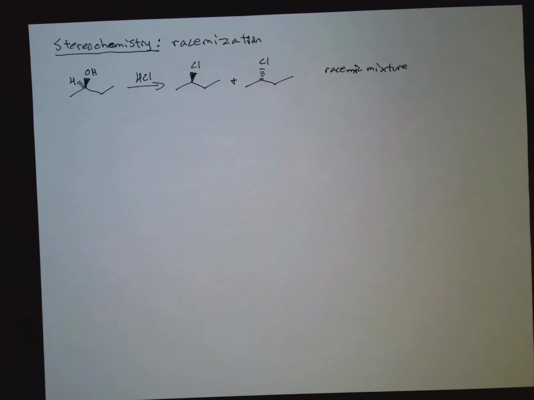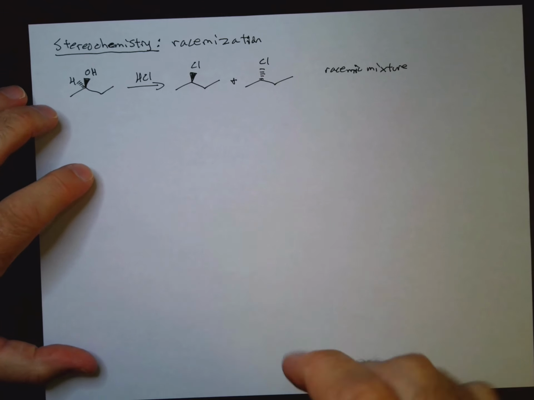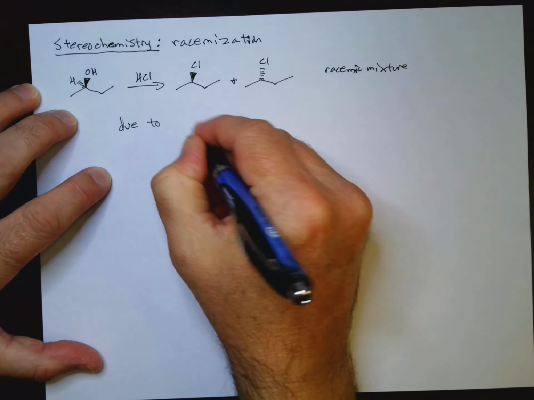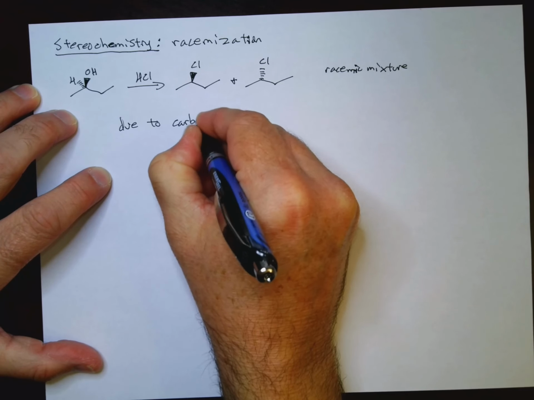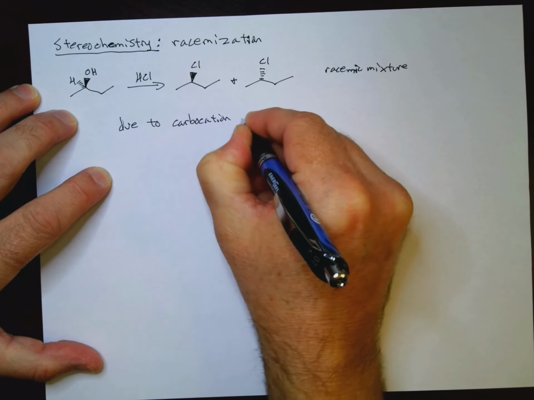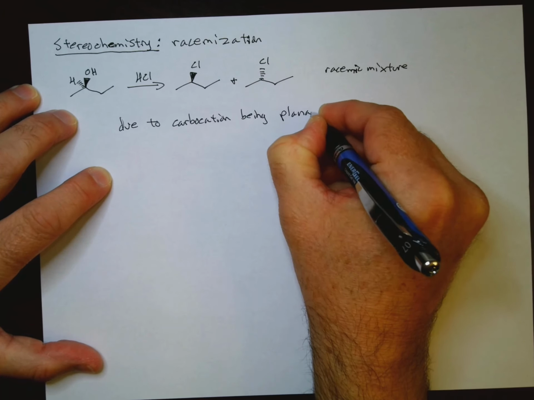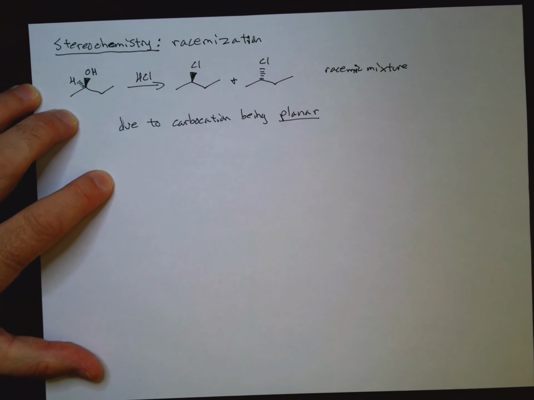So we get this racemization because it's due to the fact that our carbocation is planar.